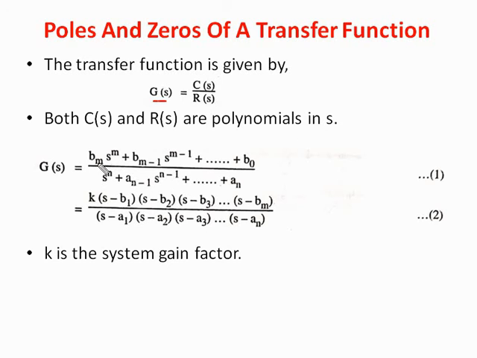C(s) is b_m s raised to m plus b_(m-1) s raised to m minus 1 up to b_0, and the input R(s) polynomial is s raised to n plus a_(n-1) s raised to n minus 1 up to a_n. Factoring, the roots are (s minus b1), (s minus b2) up to (s minus bm) for the numerator, and (s minus a1), (s minus a2), (s minus a3) for the denominator. Here k is the system's gain.